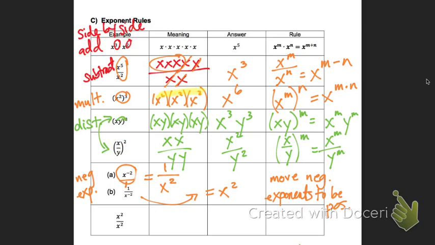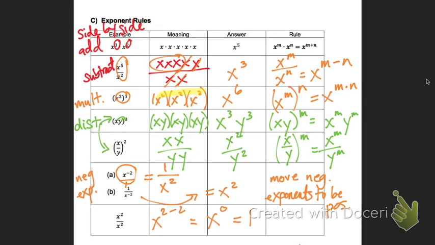So look at the next one. What would this one simplify to be? If I'm subtracting the exponents, because that's what the second rule is, 2 minus 2 is what? 0. So x to the 0 power. Anything to the 0 power is always 1.